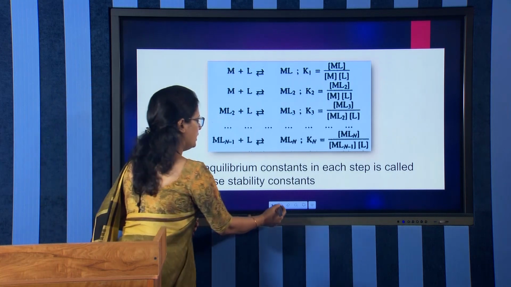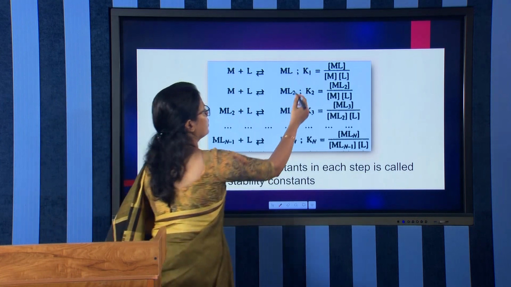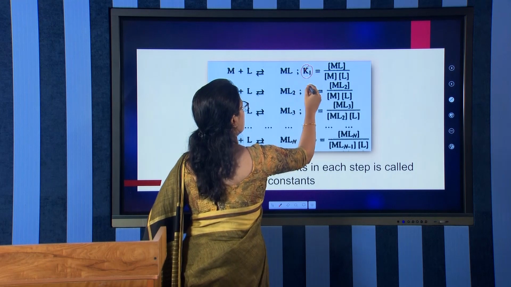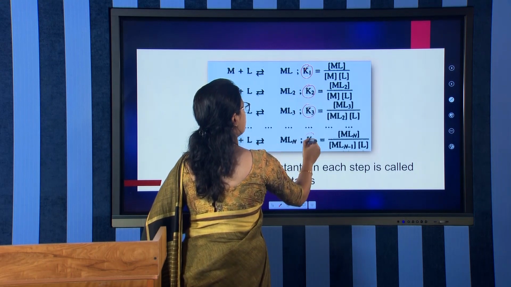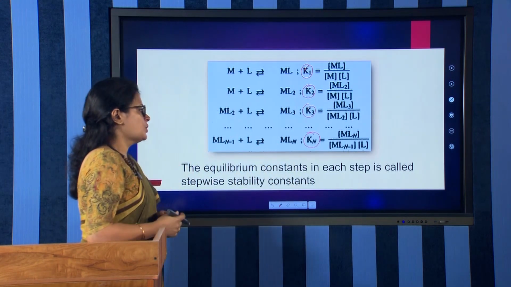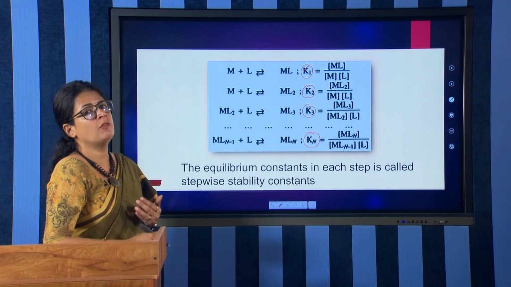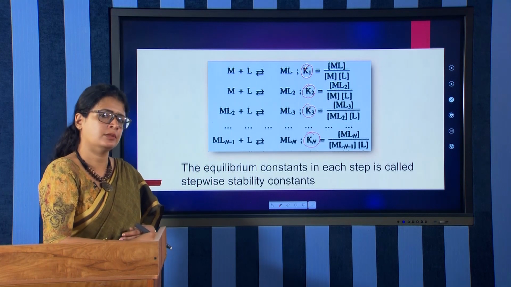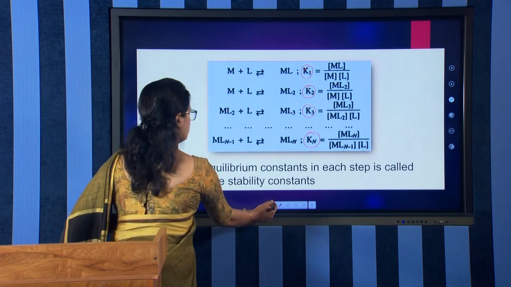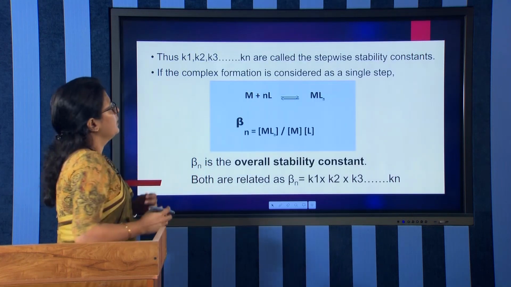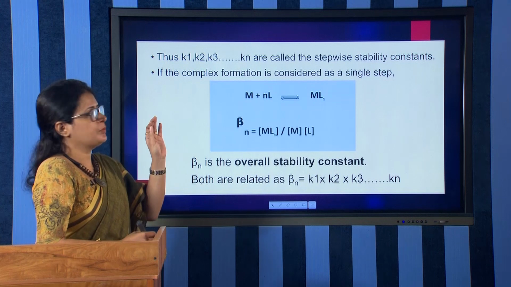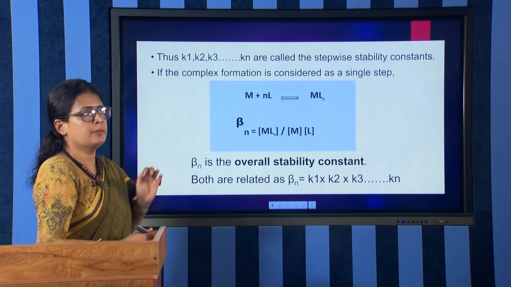These are the stability constants 1, 2, 3, in each step. Thus K1, K2, K3 up to Kn can be called stepwise stability constants.